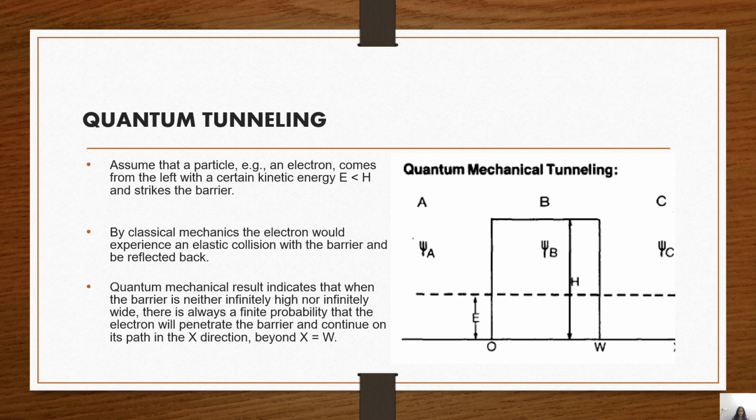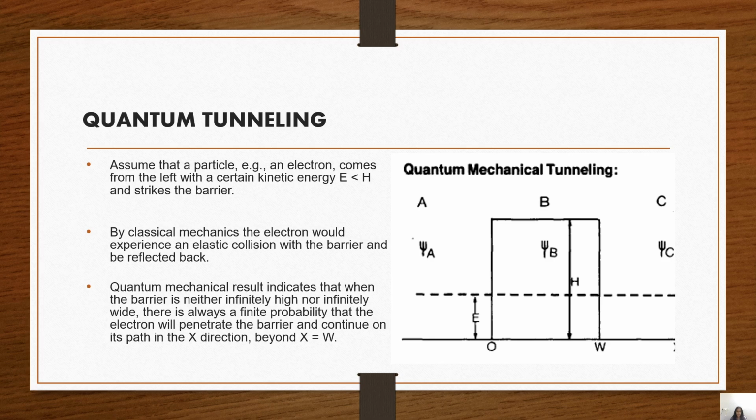Now, in quantum mechanics, the situation is different due to the wave-like nature of the particle. When an electron approaches the barrier, its wave function doesn't stop at the barrier. Instead, it decays into the barrier and allows a small part of it to pass through the barrier.